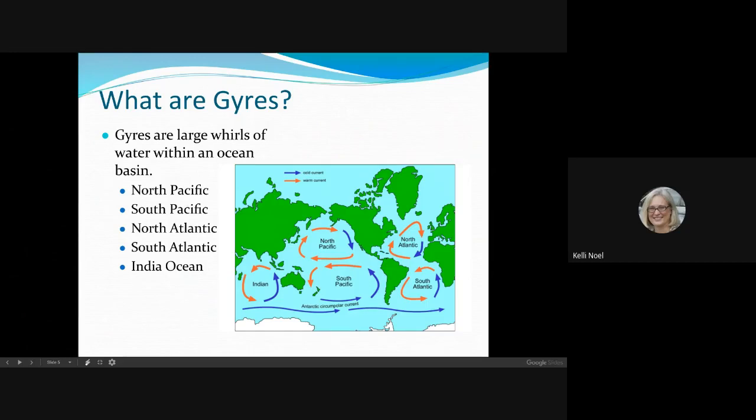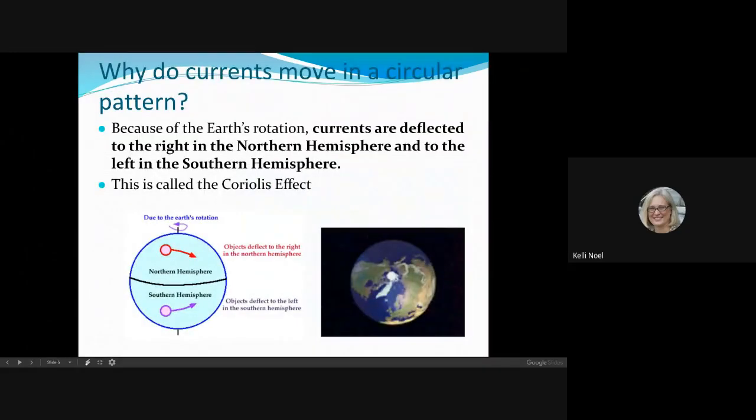All right, we're going to look at why they move in a circular pattern. There's two reasons. Number one, the main thing is the rotation. Just like the winds, the rotation of the earth is going to deflect these currents to the right in the northern hemisphere and to the left in the southern hemisphere.